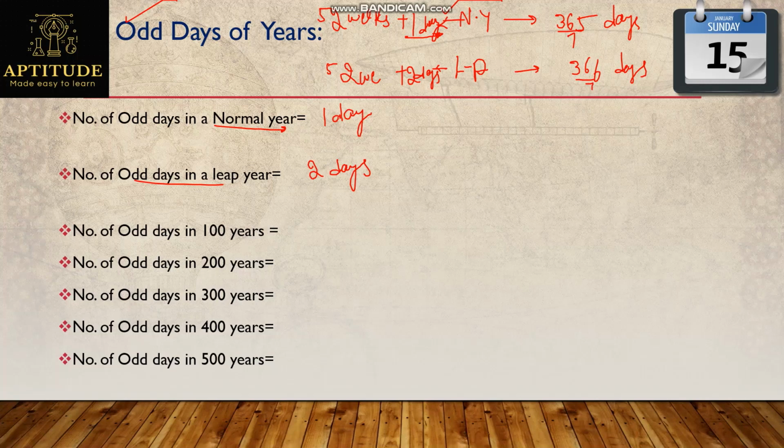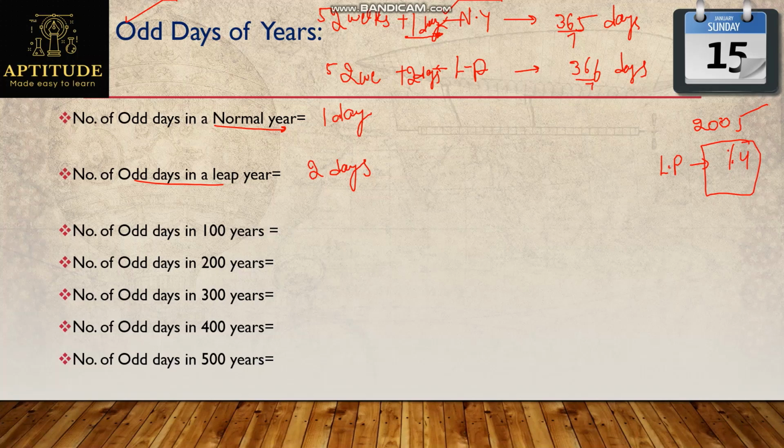Okay, this is about a normal year and a leap year. Whenever we go to questions like how many odd days are there in a particular year, 2000, 2005, 2006, I can say in this pattern. Is it a leap year or a normal year? We know a leap year should be divisible by 4. Why? Because every leap year comes every 4 years.